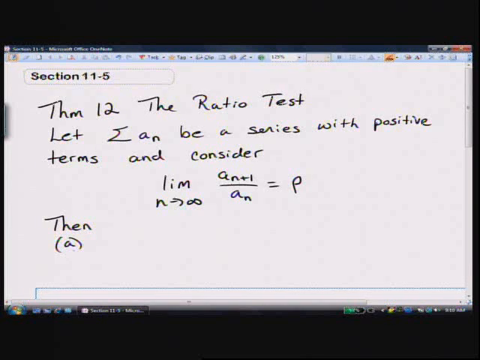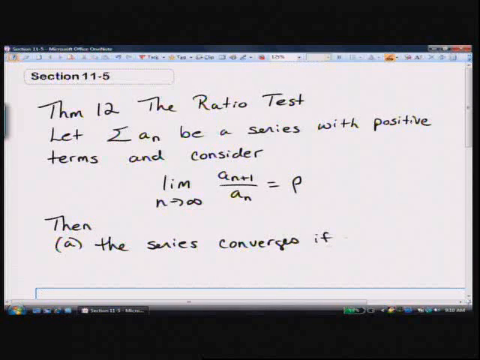Okay, so then you have some things. Remember with the ratio test, if your rho was between negative 1 and 1, it was convergent. So in this case, it can't be negative because we're only dealing with positive terms. So the series converges if rho is less than 1. Okay, but naturally it won't be negative.